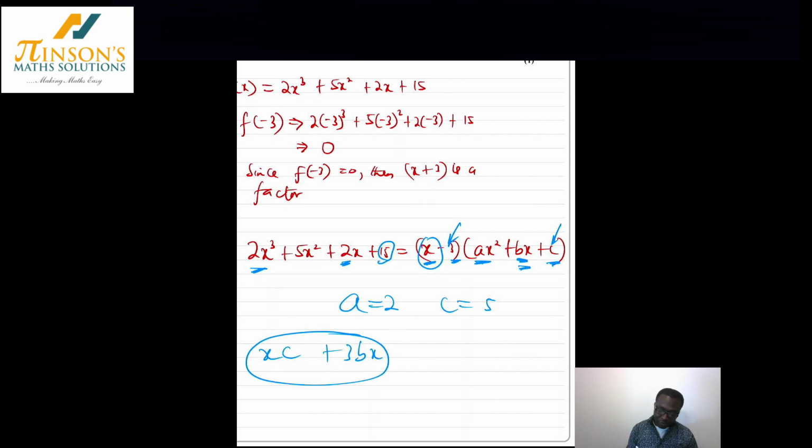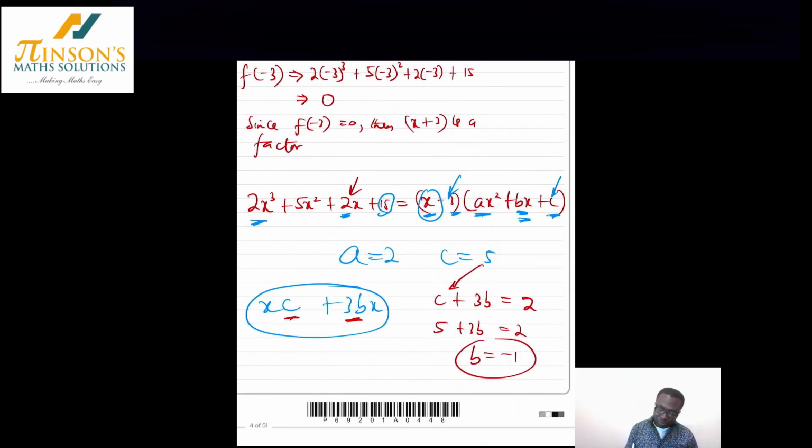So basically we've got c here, and we've got 3b here. The two of them should give us our coefficient of x. So we know c add 3b is 2. Now we know what c is. C is 5, so 5 add 3b is 2. We can now solve for b by minusing 5 from both sides, and we can tell that b is minus 1.